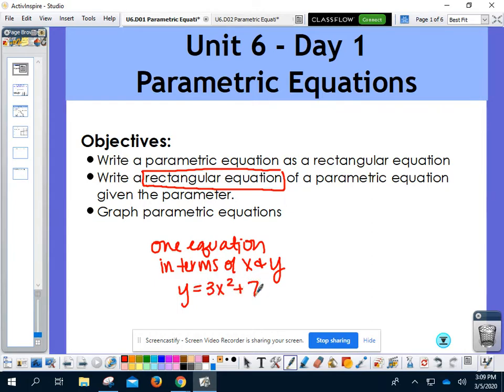This could also be something like (x plus 3) squared minus (y plus 4) squared equals 1. So it could be just our regular coordinates, or it could be a conic section. A parametric equation is what's new to us today.